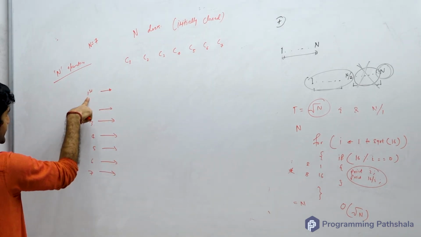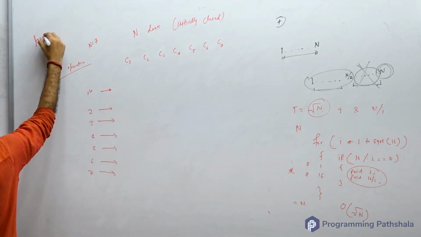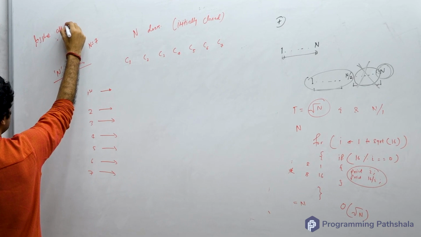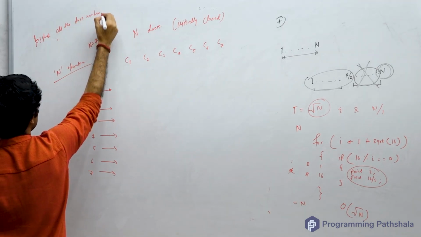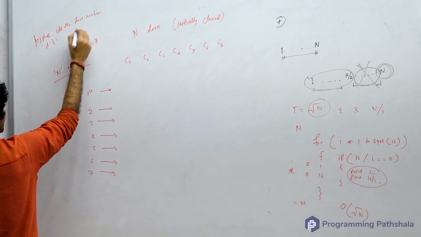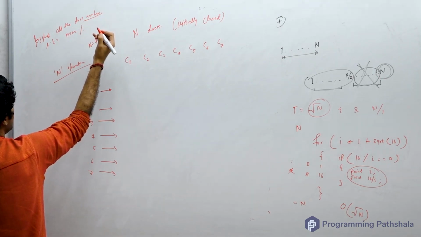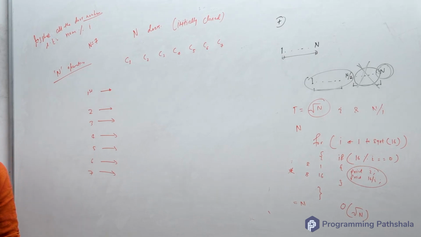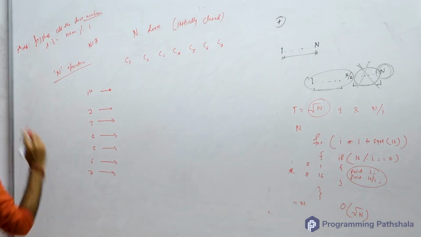In the first operation, you toggle all the door numbers such that the number of that door is perfectly divisible by i, and your i is your ith step or ith iteration.